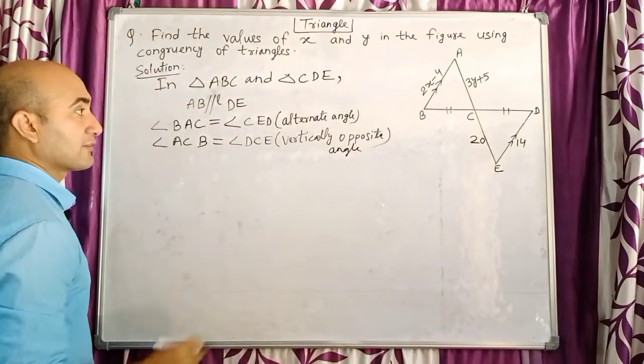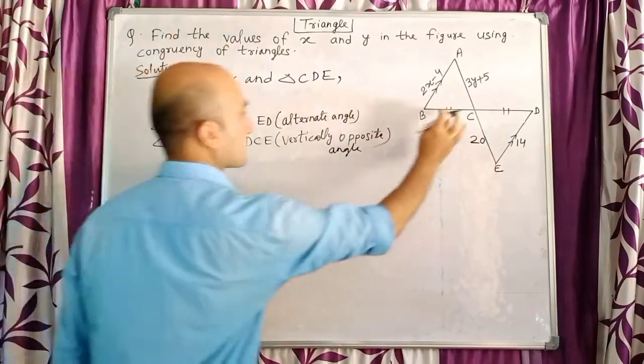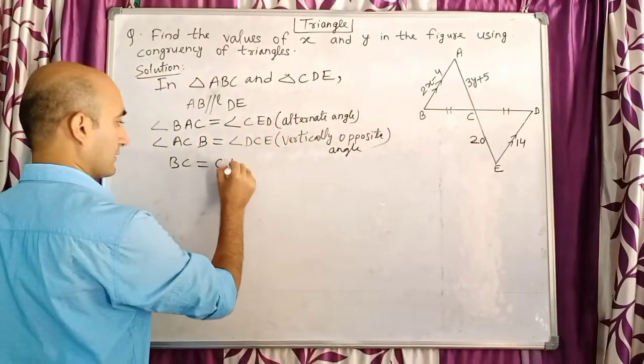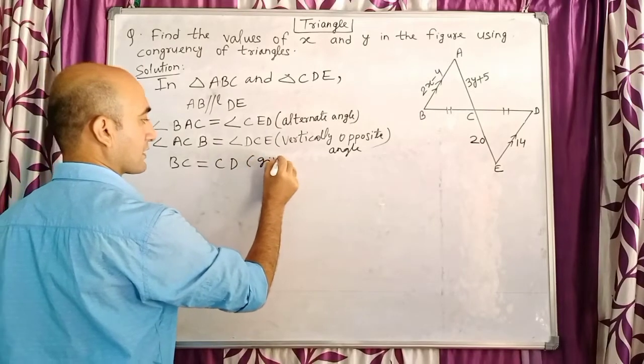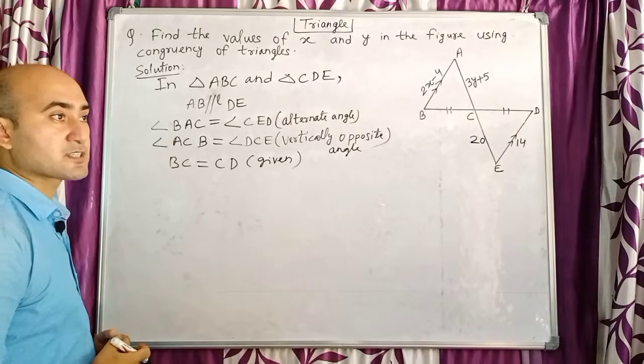Next, given is BC. This BC is equal to CD. It is given.